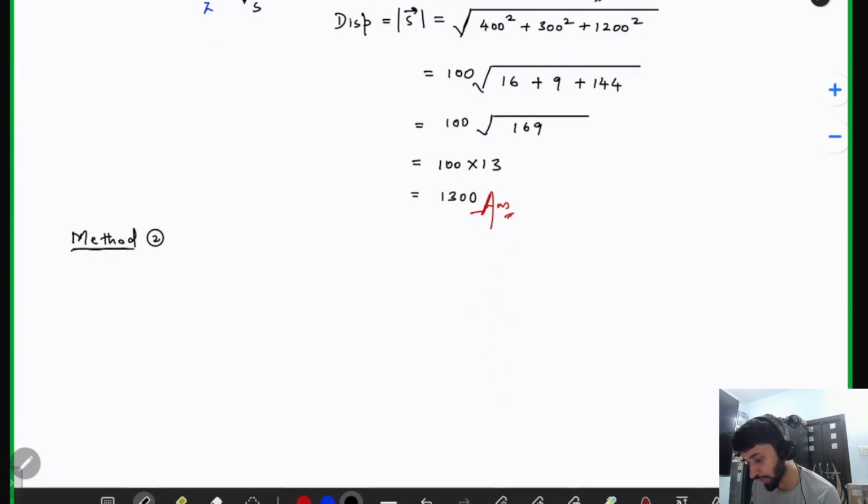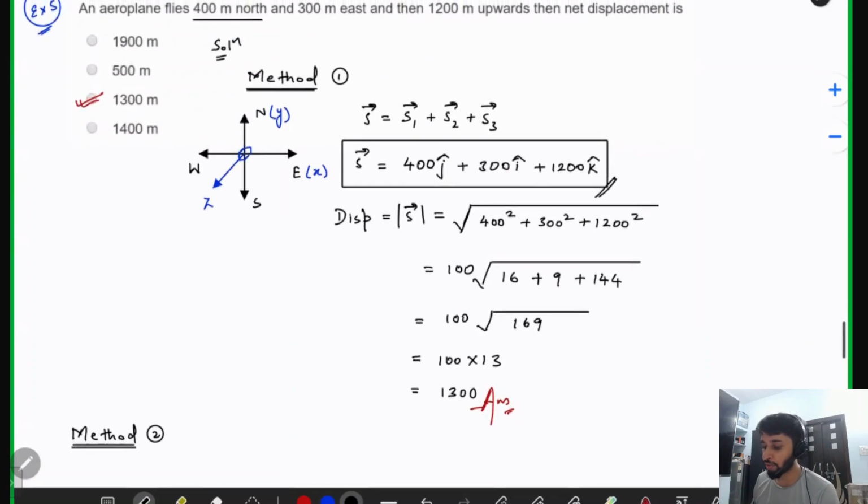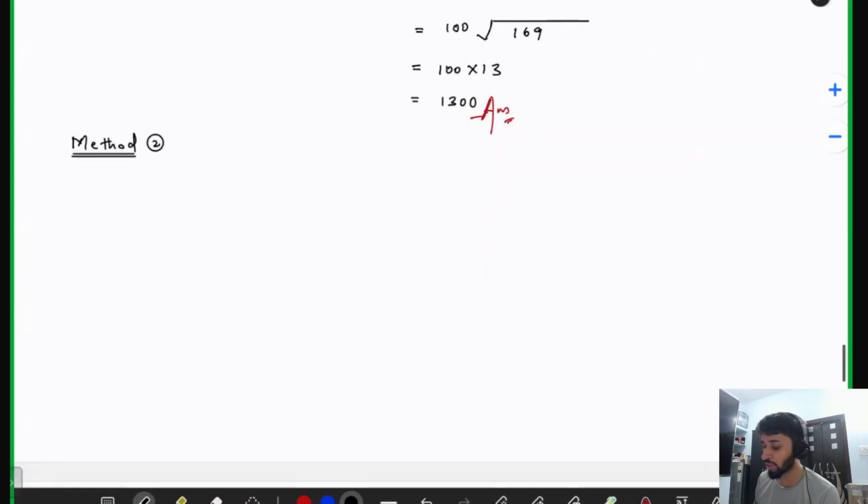Let us see the second method. In the second method, what is happening? The airplane flies 400-meter north. So let us just draw the displacement vectors.